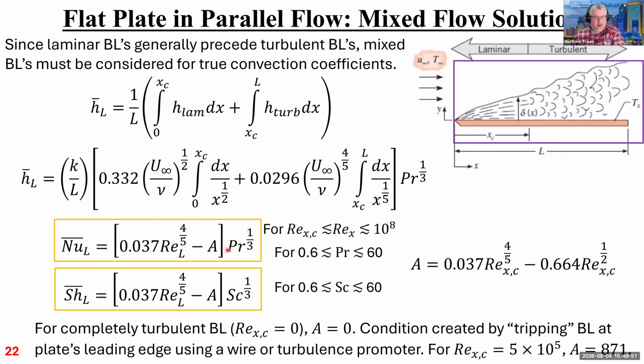The other thing that I'll quickly mention is that the way the book does it is it gives this leading coefficient, and then it says minus A, and A is all this extra stuff. It turns out that is important because for the case of a completely turbulent boundary layer, A is 0. So what do I mean by a completely turbulent boundary layer? Didn't I just get through saying that laminar boundary layers precede turbulent boundary layers?